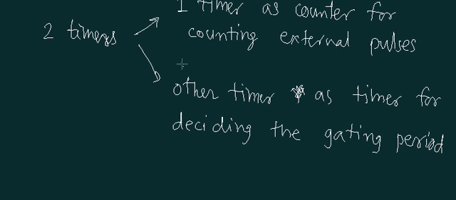So, you need to use one timer to count the pulses which are coming from outside the frequency meter, and the 1 second interval has to be generated by the microcontroller itself. So, the accurate 1 second interval has to be generated by the microcontroller, and for that we need one more timer, correct.